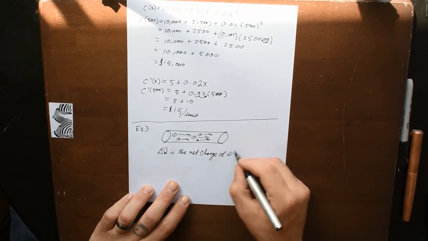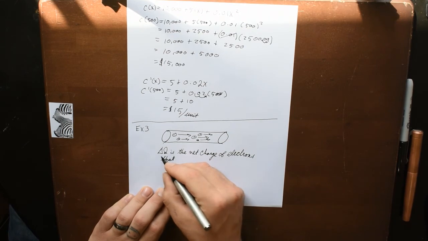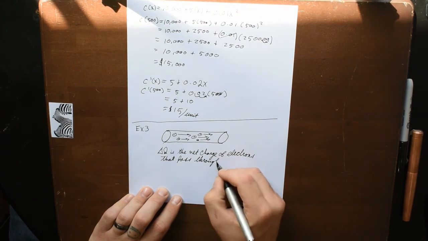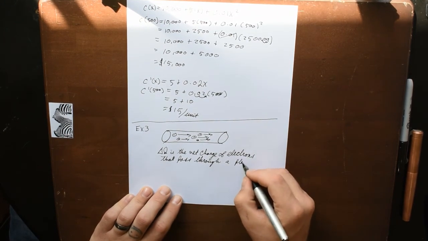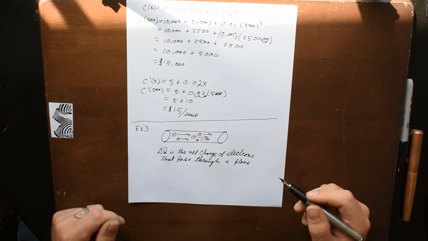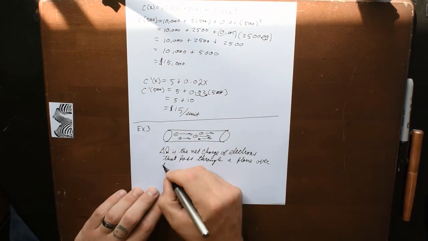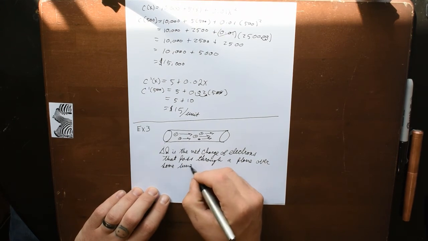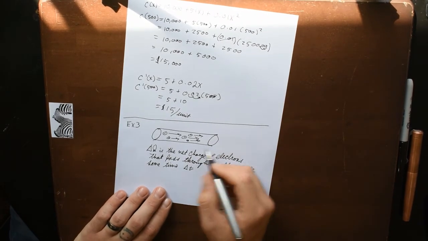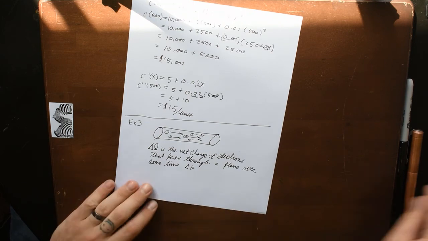of electrons that pass through a plane. So if delta Q is the net charge of electrons that pass through a plane, we'll say over some time delta T. Well, so what we're doing is, at this point, we're saying, okay, these electrons are flowing.